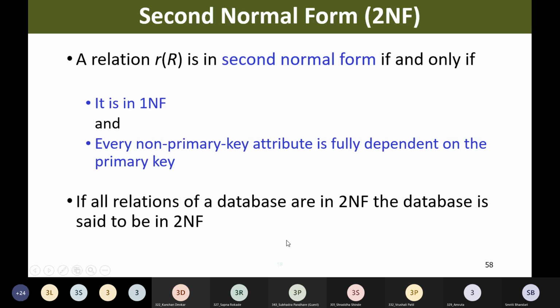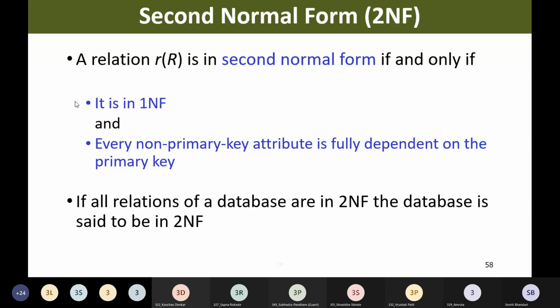A relation is in second normal form if and only if it is in 1NF, it is in first normal form, and every non-primary key attribute is fully dependent on the primary key.